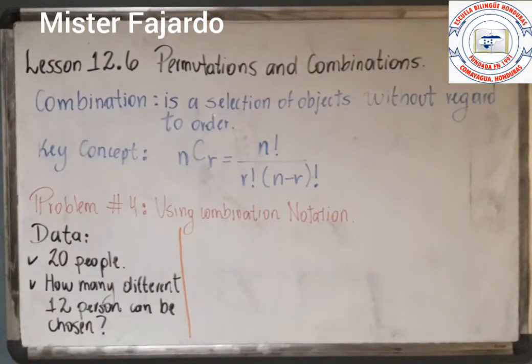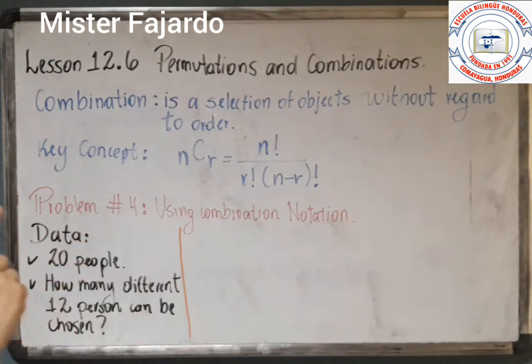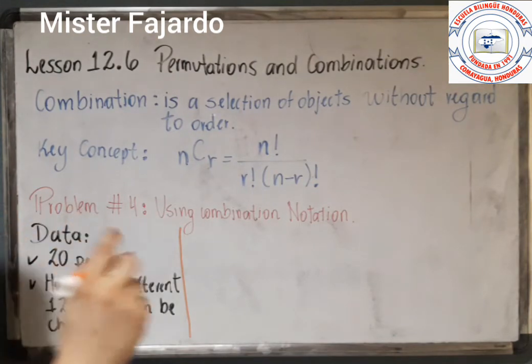In the last example, problem number 4, we are going to do something different. We are going to make a combination, and you just need to know that a combination is a selection of objects without regard to order, okay? That's really important. Why? Because in this case, the order doesn't matter.